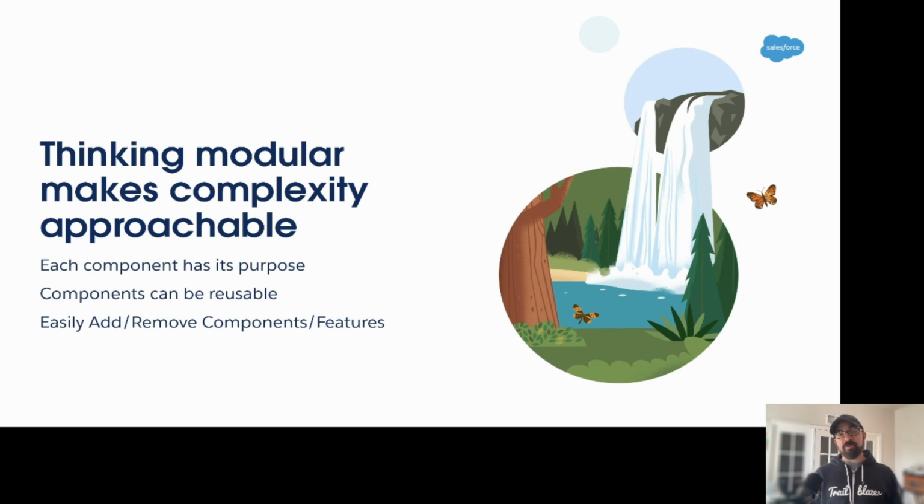You can build out Vue.js components to be reusable. So you can take that component and take that styling and take everything that comes along with it and simply pop it in somewhere else where you need that functionality, and it's going to work. Because of that, you're able to easily add and remove components and features as needed.